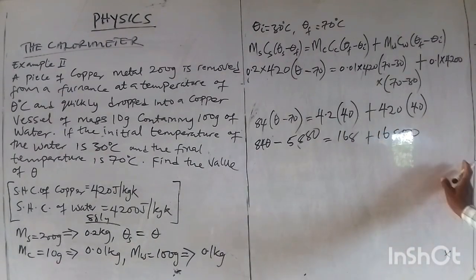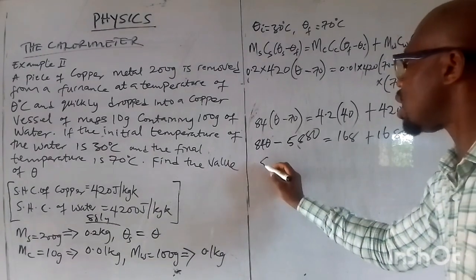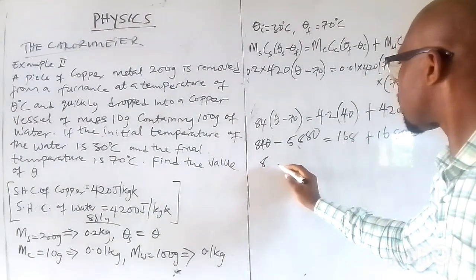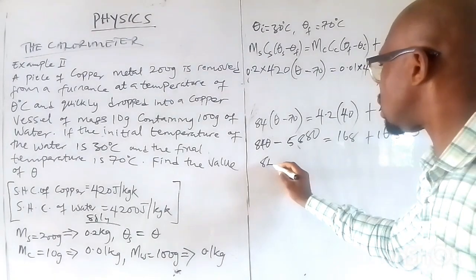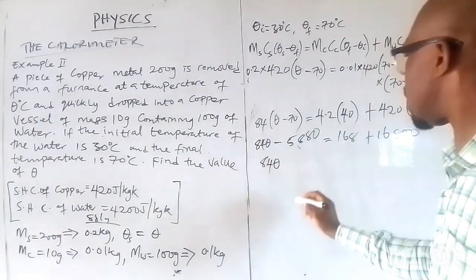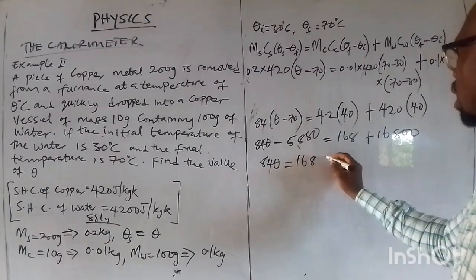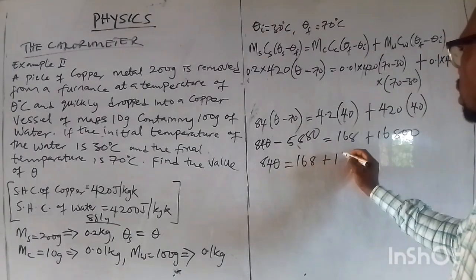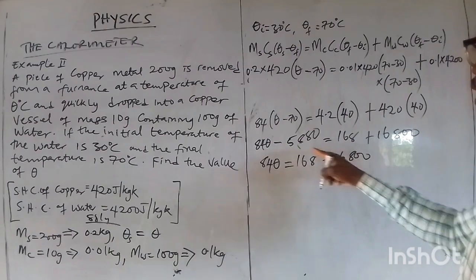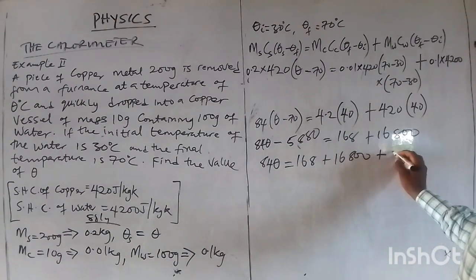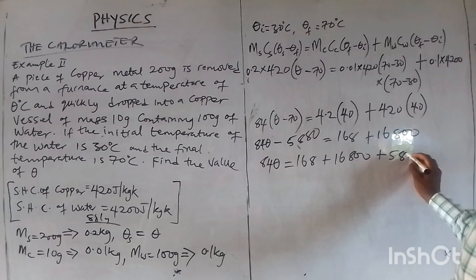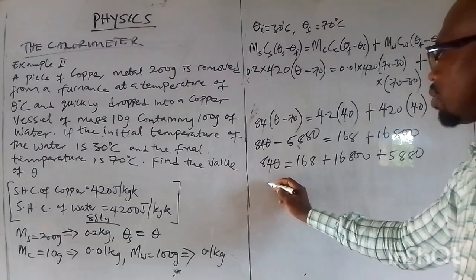Now at this point we collect like terms. 84 theta is equal to 168 is already there, 168 plus 16,800. Now this one crossing over will give us plus 5,880.